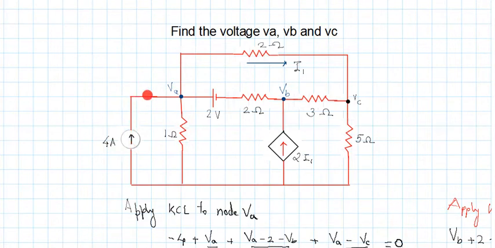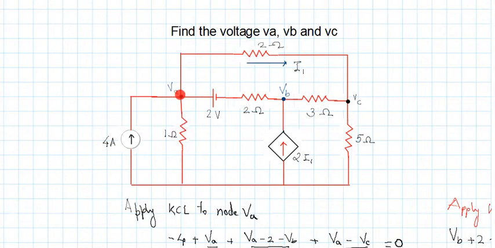Because we have assumed that at this particular node all the currents are outgoing, this current source has an opposite direction, and hence when we are formulating the equation, we have to consider a minus sign for this particular current source. So the very first term is minus 4, correct?